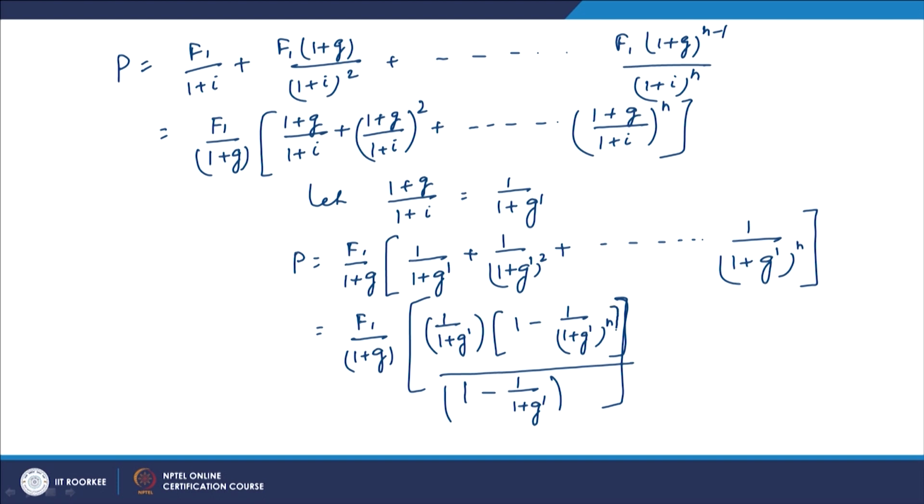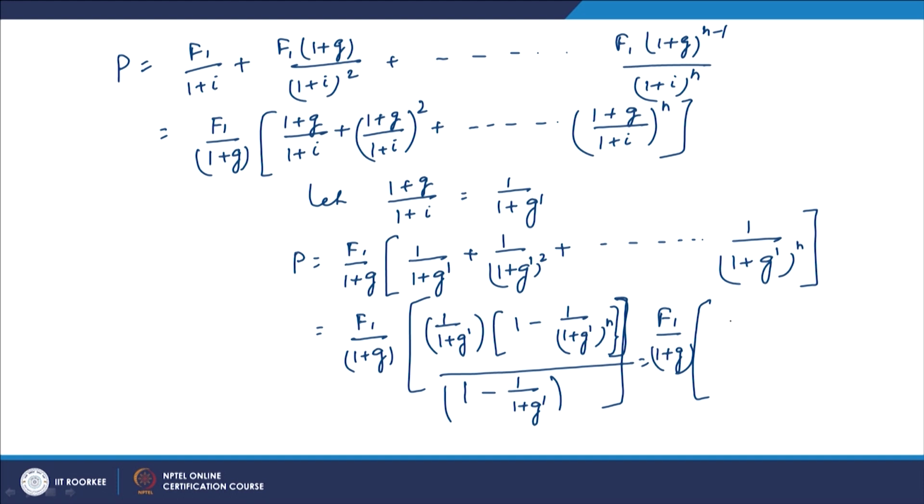So, you have a small one here. Further you will simplify it, and what we get from here is f1 by 1 plus g, and then if you see it will be 1 by 1 plus g prime. So this 1 plus g prime will be cut, and what remains is 1 plus g prime minus 1, so it will be g prime only.